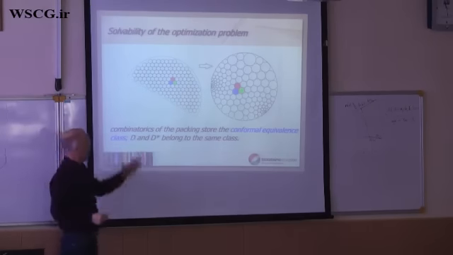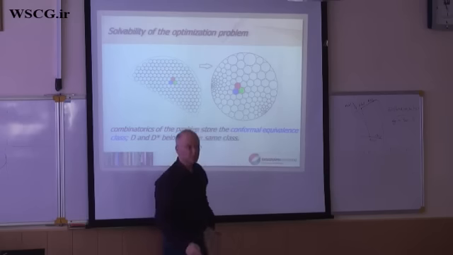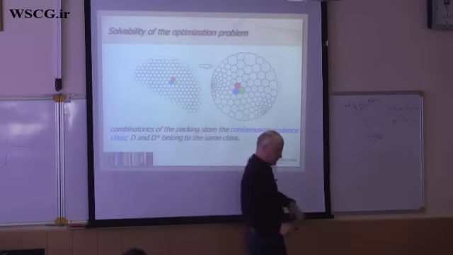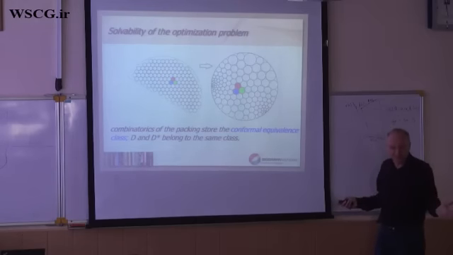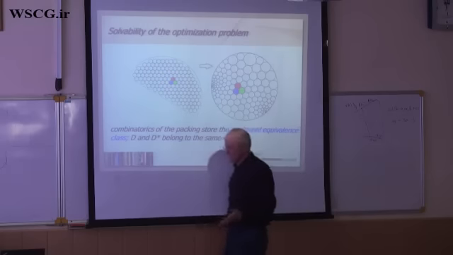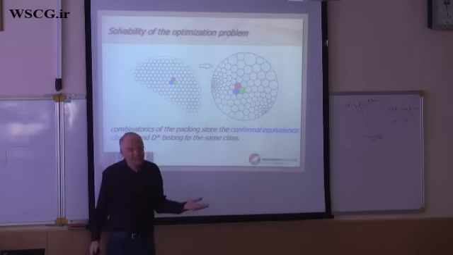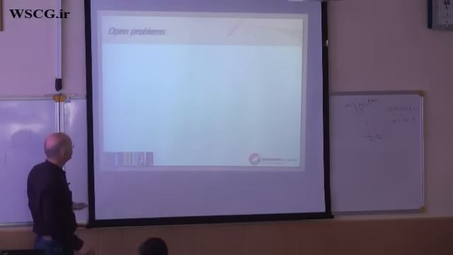And we are facing exactly the same problem. If we do this optimization for topological disks or spheres, we always succeed with any initialization. With other surfaces, in general, we will not succeed. So the initialization is a bit hard, but I will show you results.